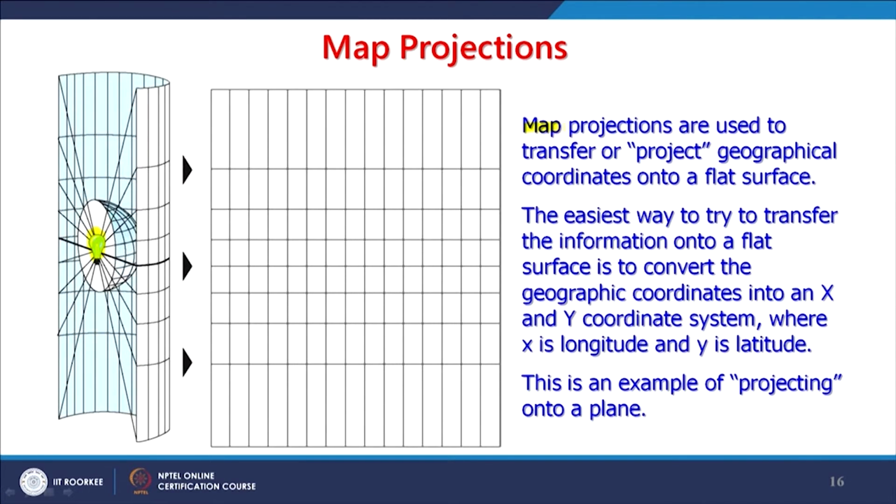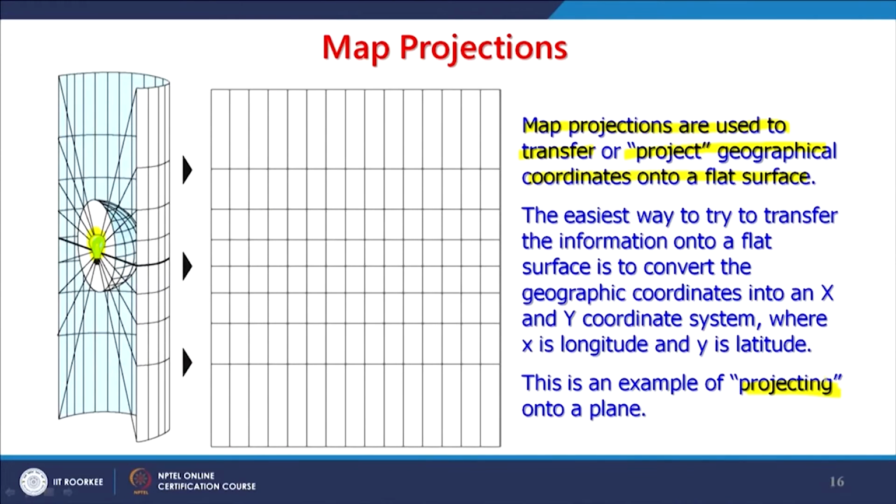Map projections are used to transfer or project geographic coordinates onto a flat surface, and the easiest way to transfer the information onto a flat surface is to convert geographic coordinates into an XY coordinate system, and this is what we do.